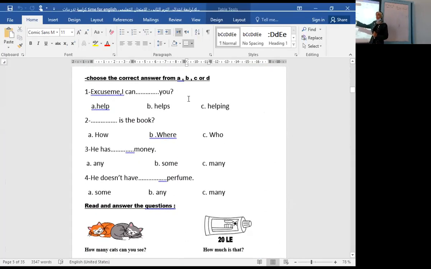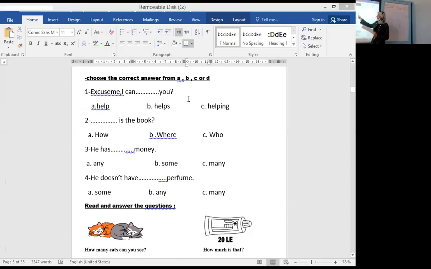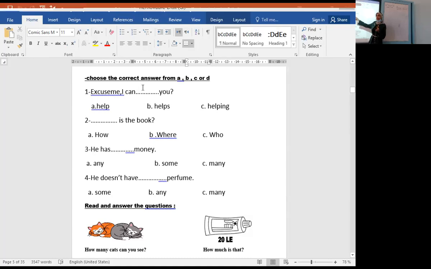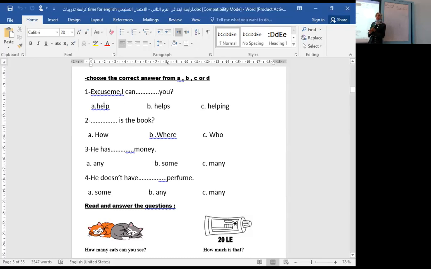The question says, choose the correct answer from A, B, C, or D. The first question says, excuse me, I can, space, you. After can and shall and may, these are modal verbs, so we have to choose the verb without addition, the verb in infinitive form.